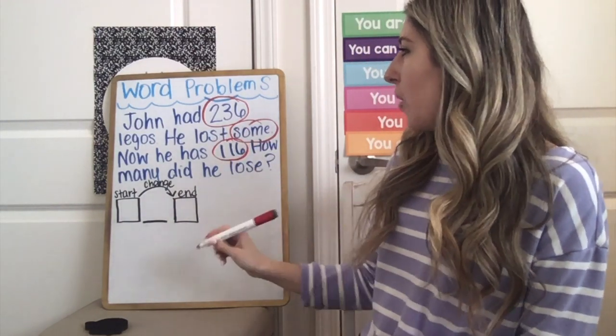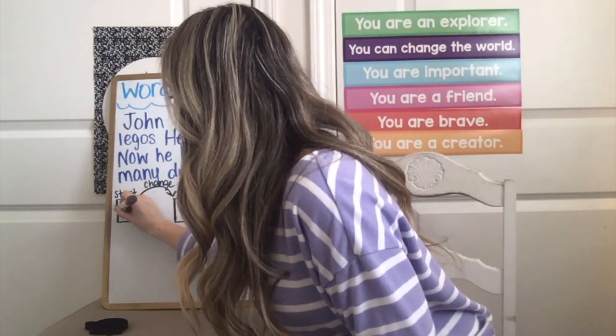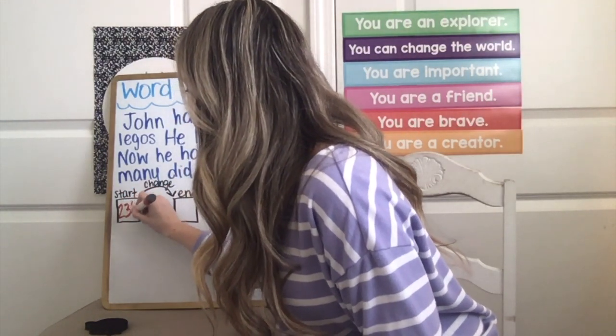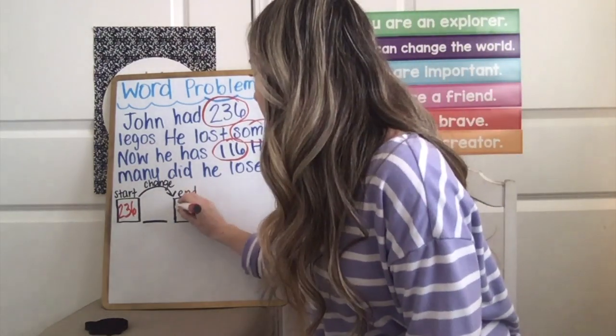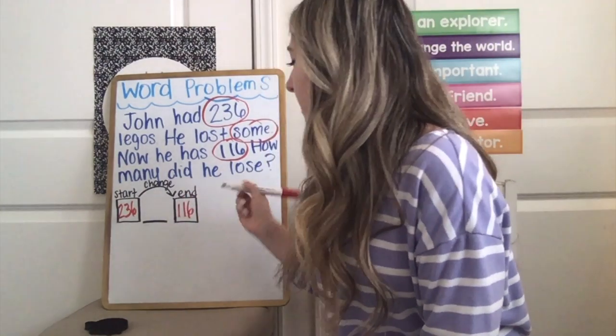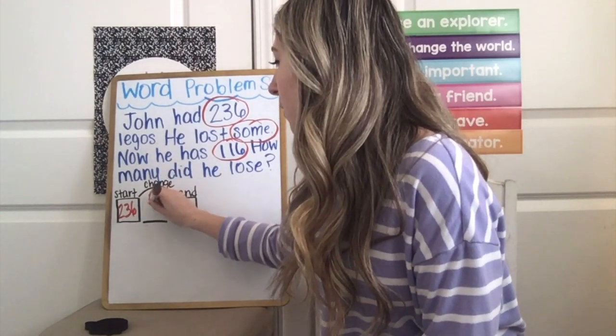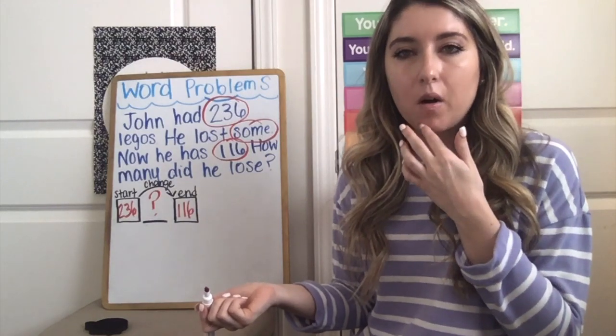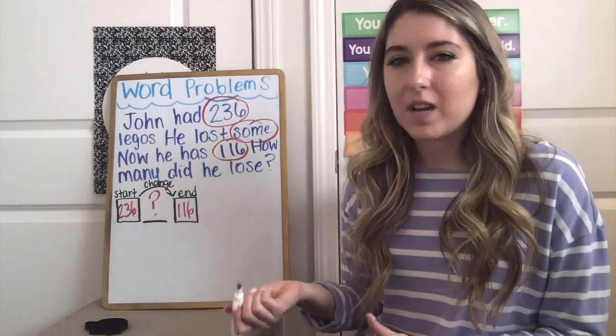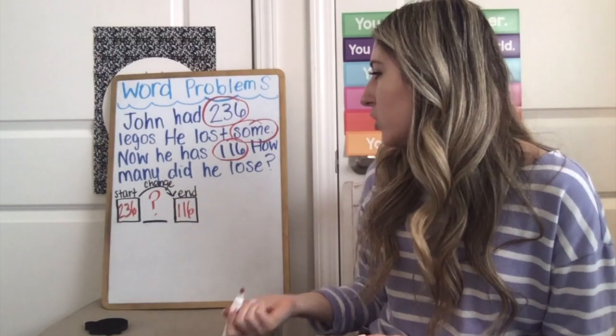All right, so I know he started with 236. And he ended with 116. But I don't know what changed. I don't know how many he lost. So, I wonder how I could figure out what the change was.